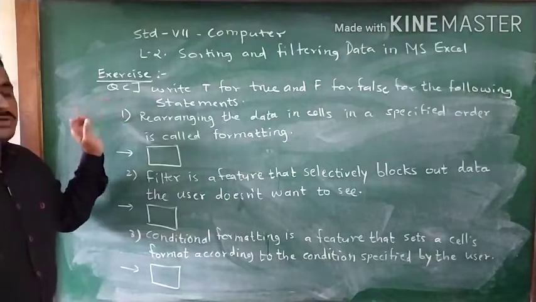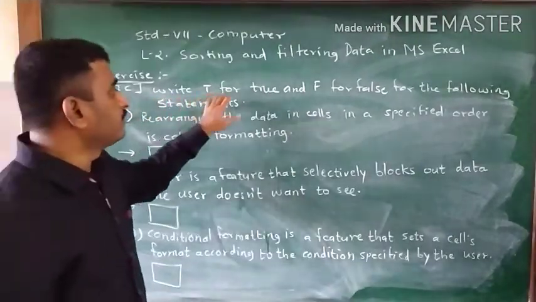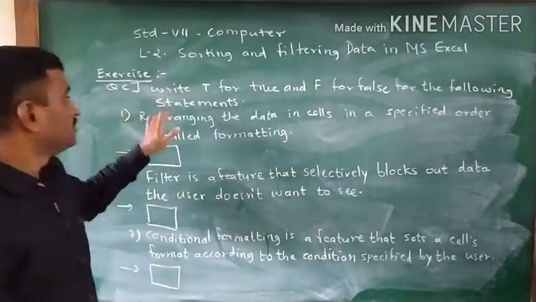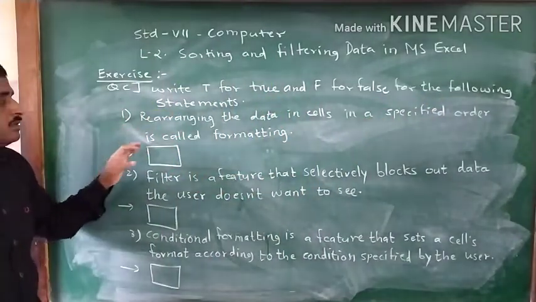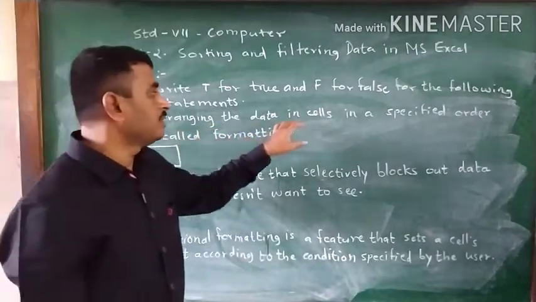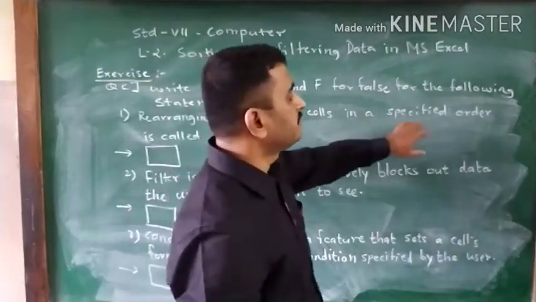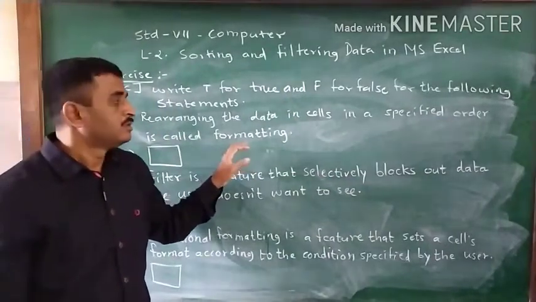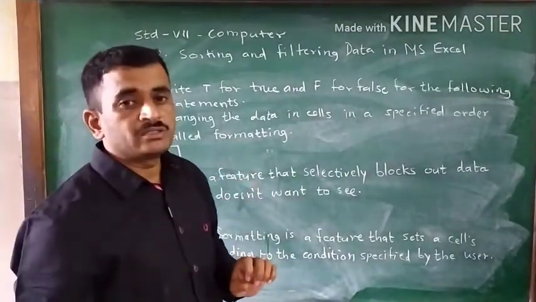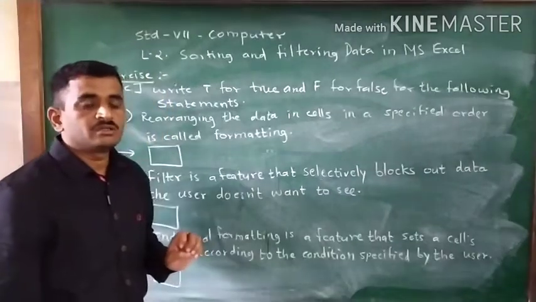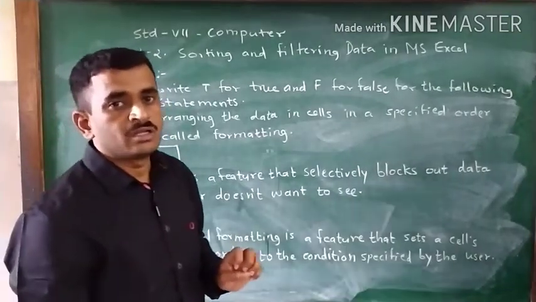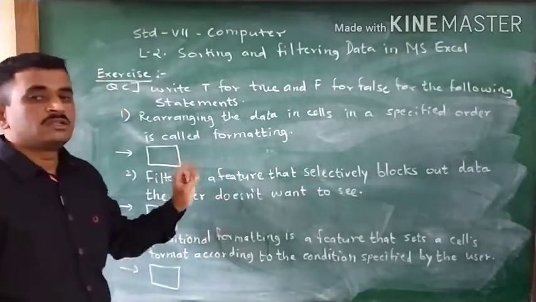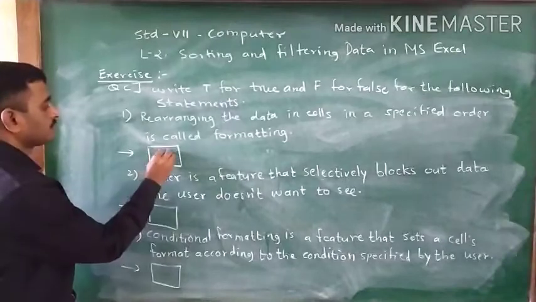Question C, we are going to see now. Write T for true and F for false for the following statements. First one is, rearranging the data in cells in a specific order is called formatting. When we rearrange the data in a specified order, means in ascending order or descending order, then it is called sorting. It is not called formatting. That's why it is false.